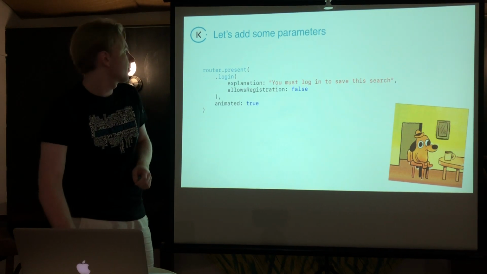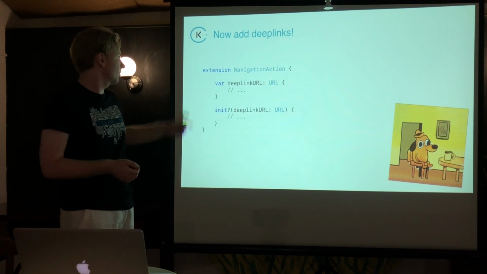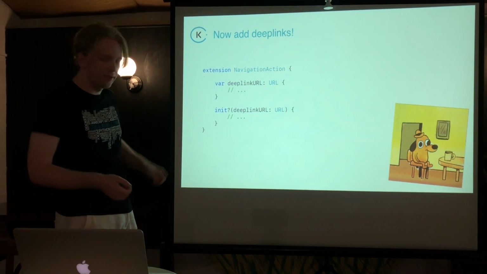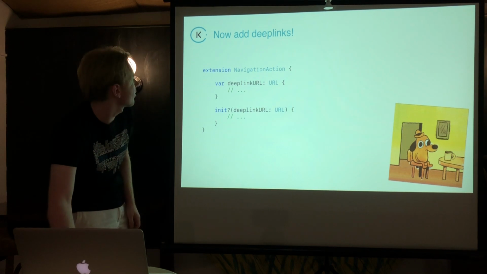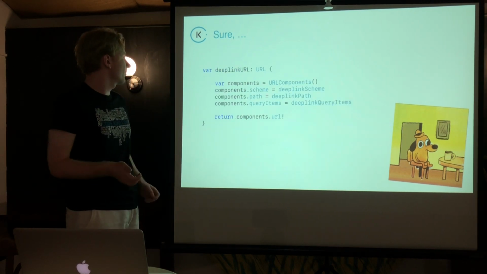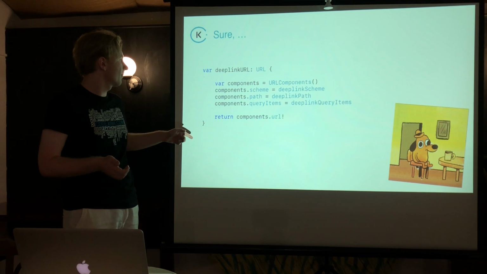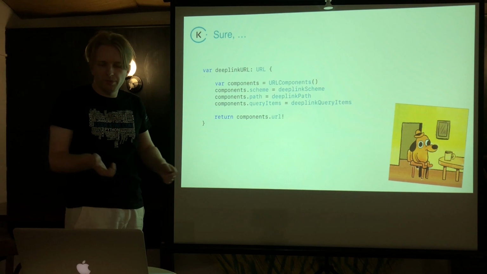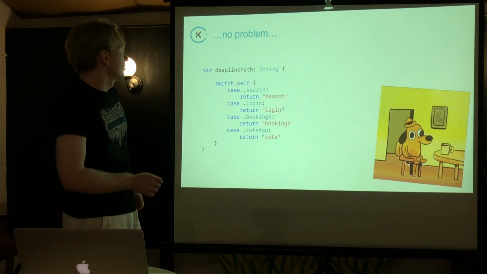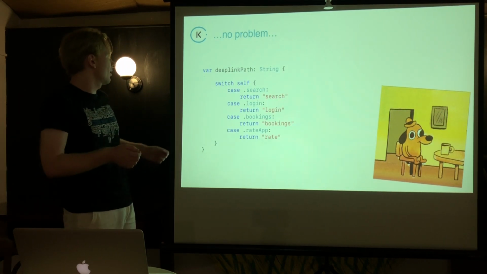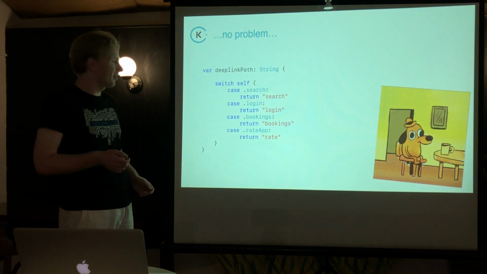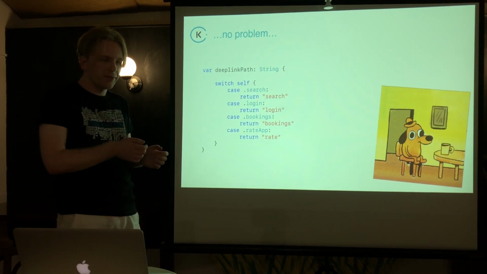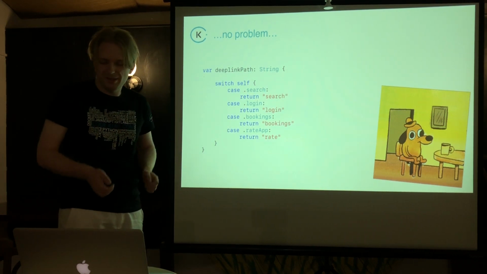So we can add another extension to the enum, and we can implement the property in the initializer. The scheme will always be the same, and the path will be different based on what we're doing. We can switch over the cases and get the path. And in case of login, we had some parameters, so we can switch on that as well.